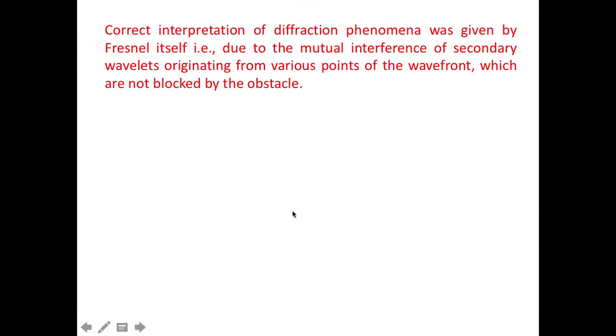The correct interpretation of the diffraction phenomena was given by Fresnel himself. That is due to the mutual interference of the secondary wavelets. Now you know what the secondary wavelets are. It is due to mutual interference of the secondary wavelets originating from the various points of the wavefront which is not blocked by the obstacles.